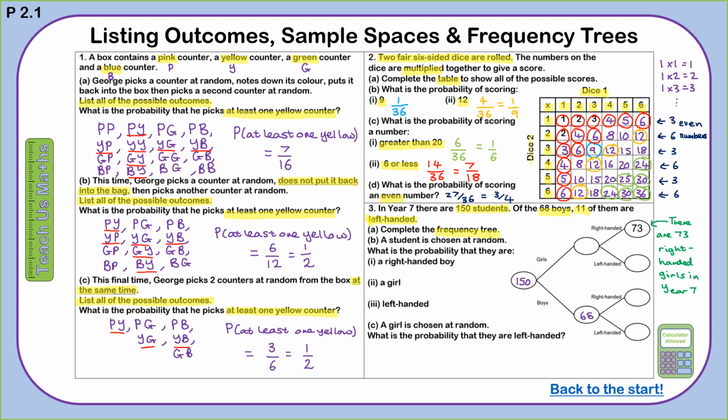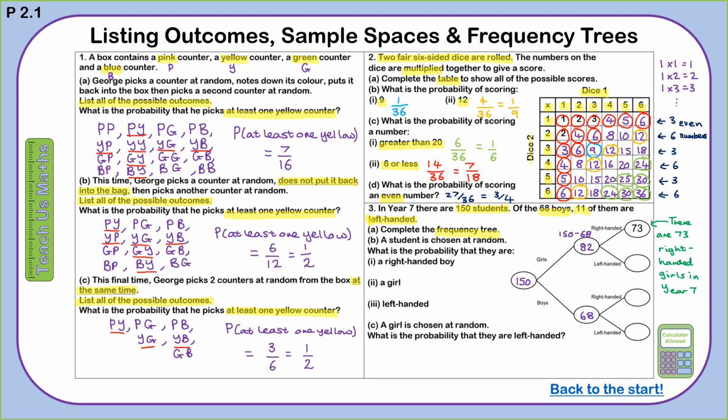And before we use the information about 11 of them being left-handed, we can use this information, 68 boys, to calculate how many girls there were in Year 7, simply by doing the total frequency of students in Year 7, take away the number of boys. So 150 take away 68 means that there were 82 girls in Year 7.